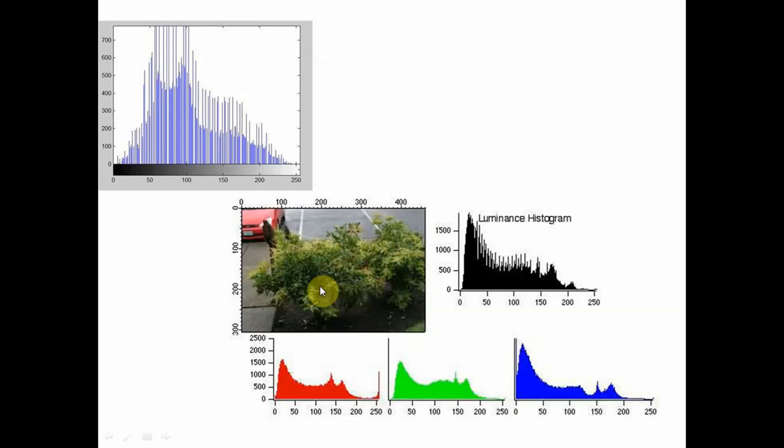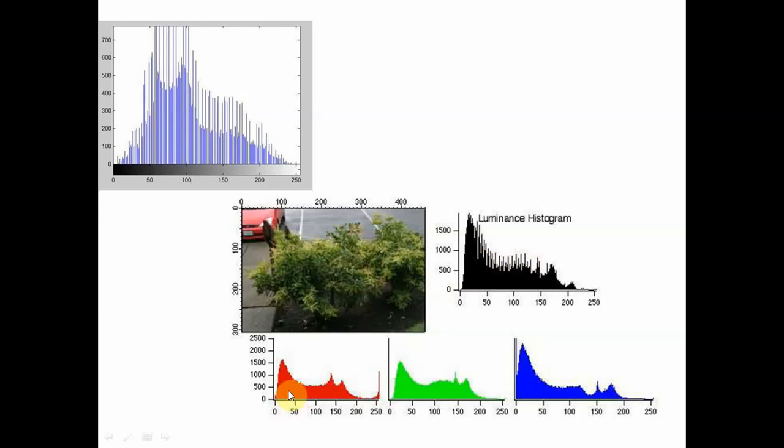Now what is RGB? An RGB color image is made up of 24 bits, which has 8 bits of red, 8 bits of green, 8 bits of blue. And the other type is luminance. Luminance is the amount of energy that the human eye can perceive, or it is nothing but the gray level, the intensity.